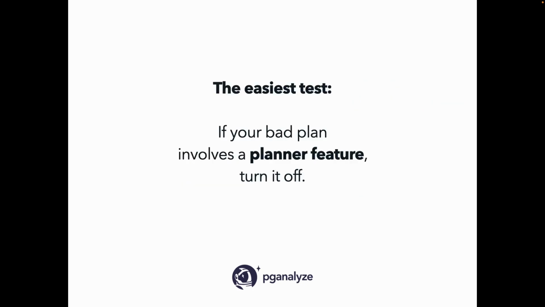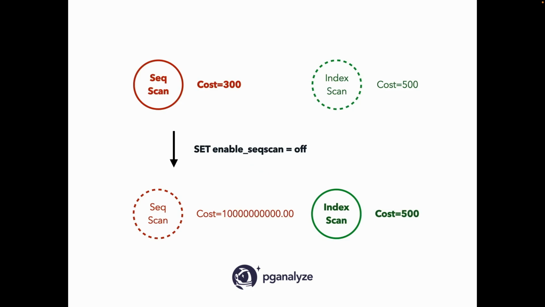Now, one of the things you can do is turn planner features off. Don't do this in production, but do it for debugging, for trying to understand why Postgres gave you a bad plan or what the good plan would look like. Suppose you get a sequential scan versus an index scan, you can do set enable_seqscan off. In everything except, I want to say 18, this actually gives an extremely high cost of a billion cost units to sequential scans, which means it's extremely unlikely that you would get a sequential scan.